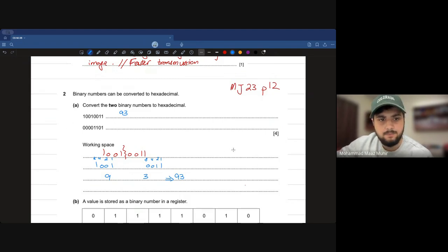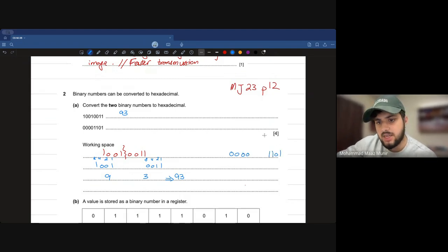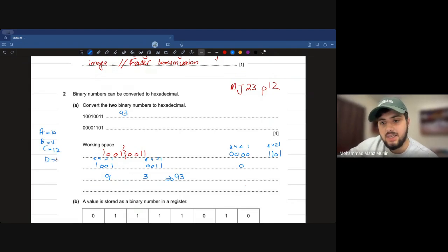I guess the second one might have 39 as the answer maybe. So let's see. 0000 as one part and 1101 as the second one. So 1 2 4 8, 1 2 4 8. This is basically 0, and this is 8 plus 4 is 12, and 12 plus 1 is 13. But because we cannot write 13 up here, we need to go to the chart where A is 10, B is 11, C is 12, D is 13, E is 14, and F is 15.